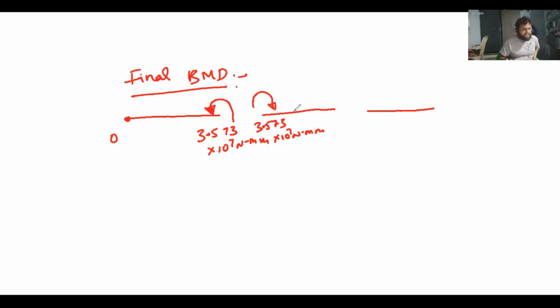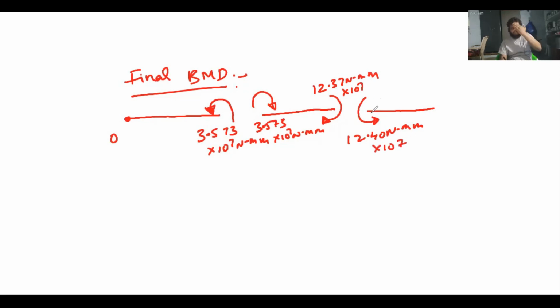Next one is at C. What is MCB? MCB is clockwise now, 12.32 into 10 to the power of 7 Newton mm, and MCD is minus, meaning anti-clockwise, 12.4 into 10 to the power of 7 Newton mm.